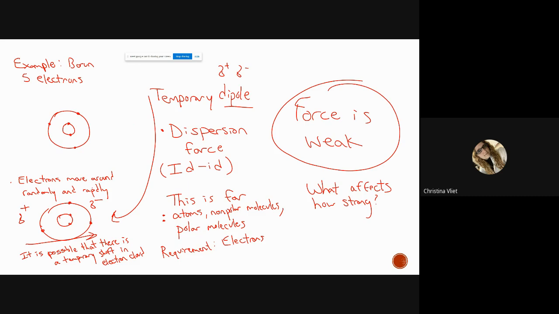So you should write that down because there's a ton of questions that ask you to compare elements of the periodic table and why this atom will have a higher dispersion force than that atom. And one of the main effects is the amount of electrons. The more electrons that can shift around, the more electrons that can move around. So when you're looking at dispersion forces, the main comparison you should look at is amount of electrons.